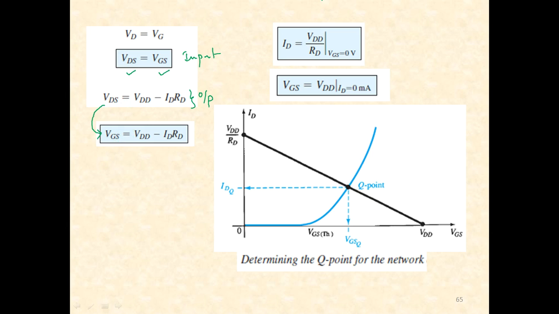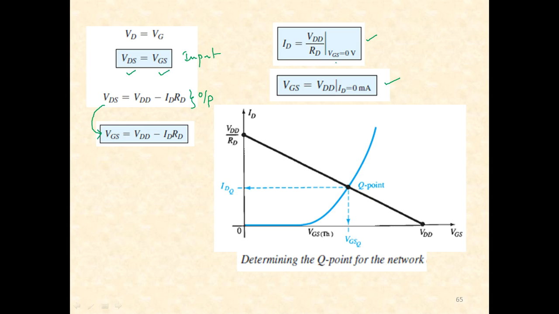Then the two extreme conditions, because you need 2 points so that you can draw the network line. The first point is obtained when you substitute VGS equal to 0.